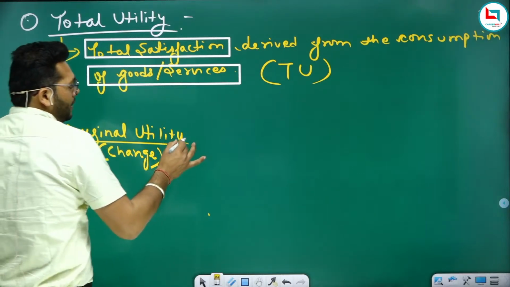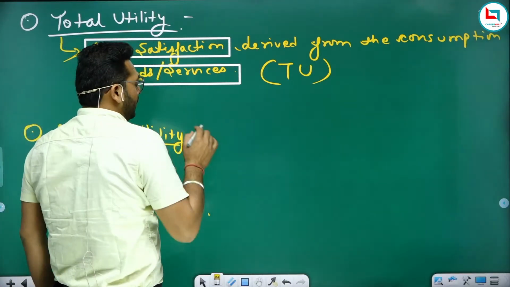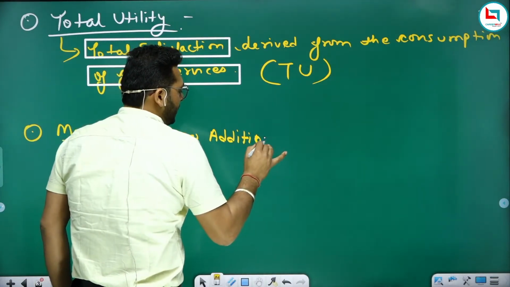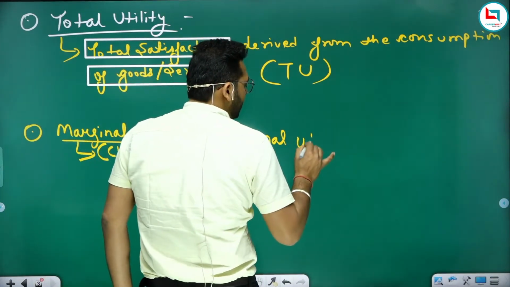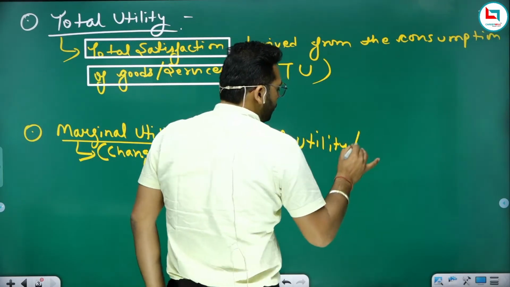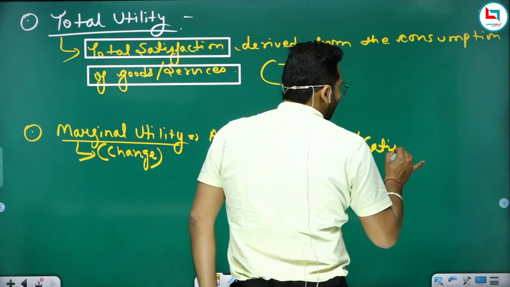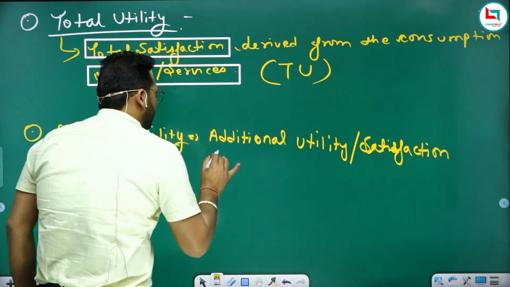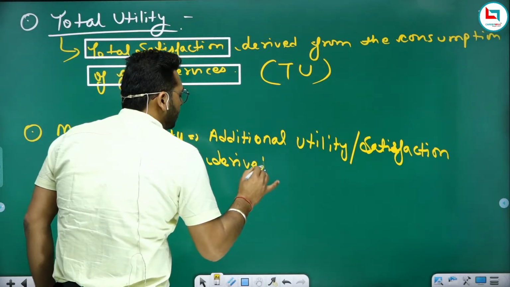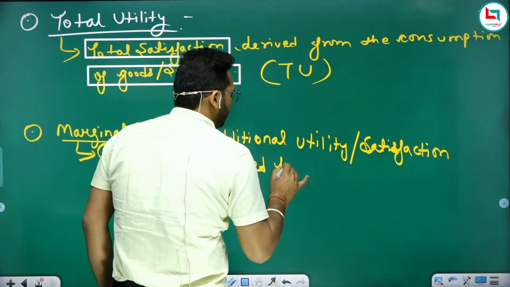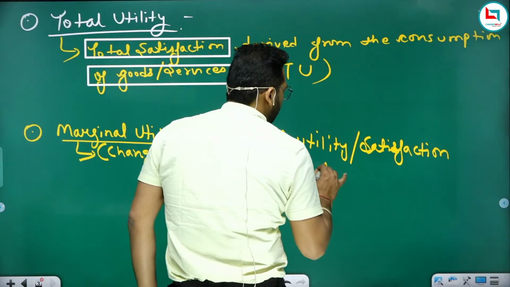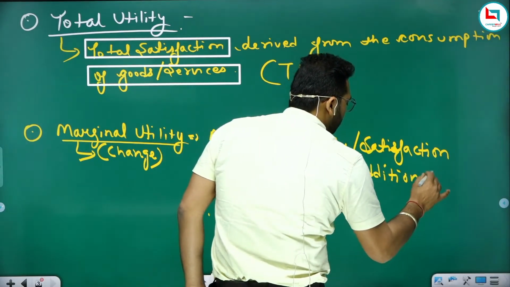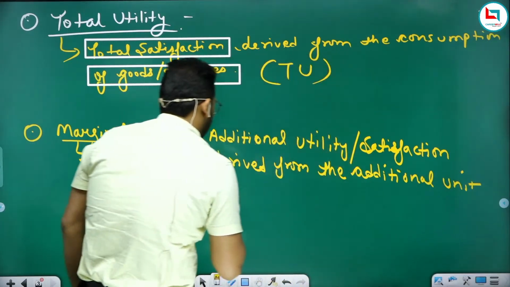So what does marginal utility mean? Additional utility, or you can say satisfaction, derived from the additional unit of consumption.